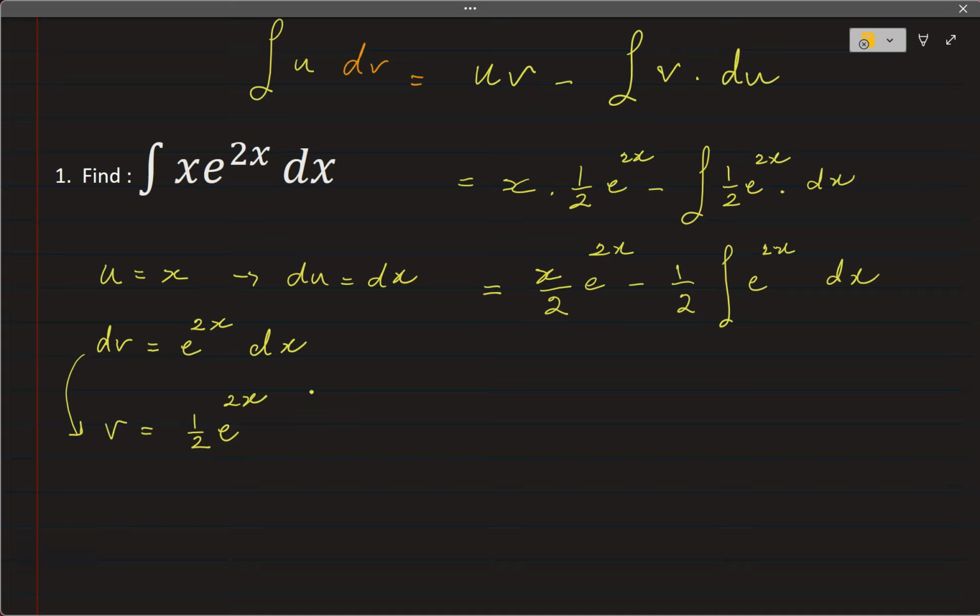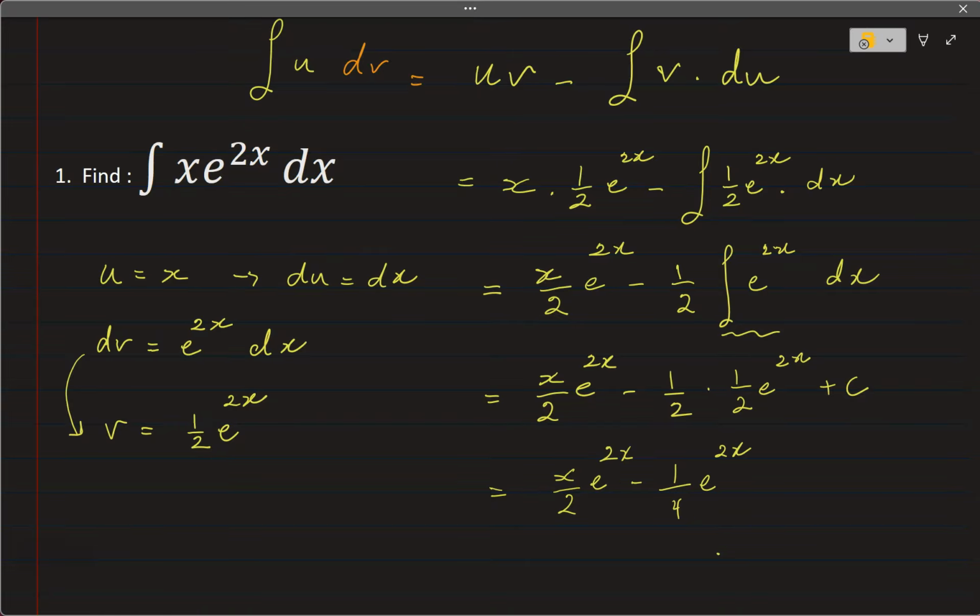We already know that the integral of e to the 2x is 1/2 e to the 2x, plus c. Putting them all together: x over 2 e to the 2x minus 1/4 e to the 2x plus c.